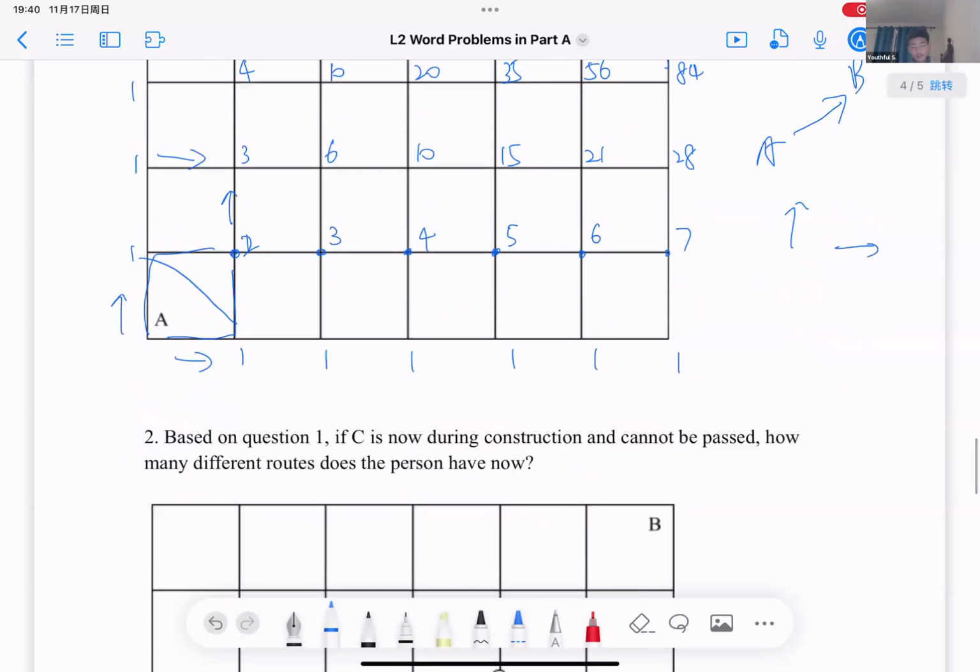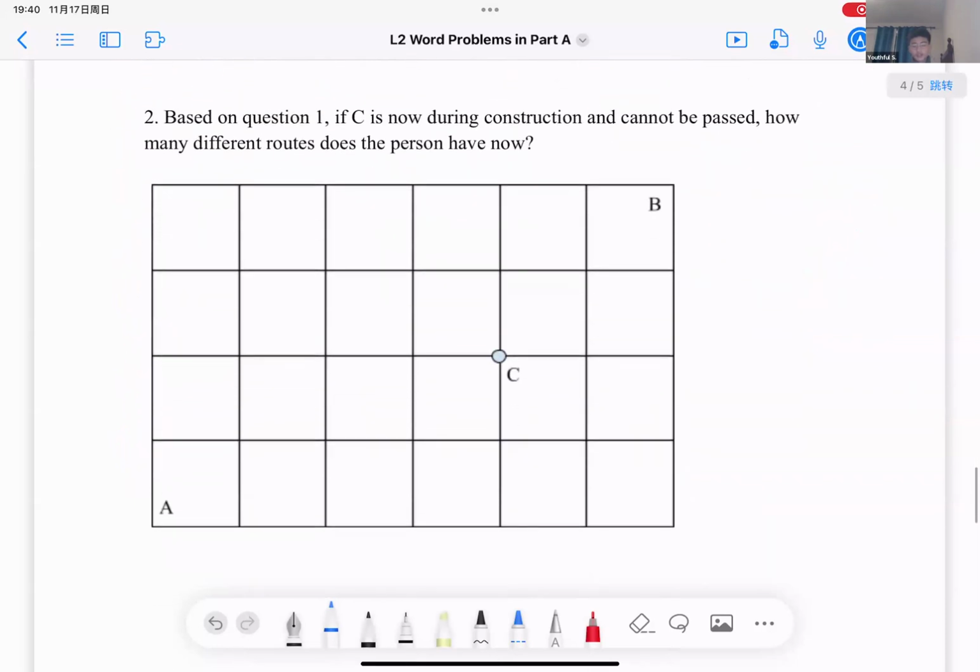So now I'd like you guys to try the same thing, but a different version of it. If C is now under construction and cannot be passed, how many different routes does the person have now? So I give you guys 3 minutes to try it. Or maybe not 3, maybe 5, because it's kind of difficult if you have those questions for the first time.